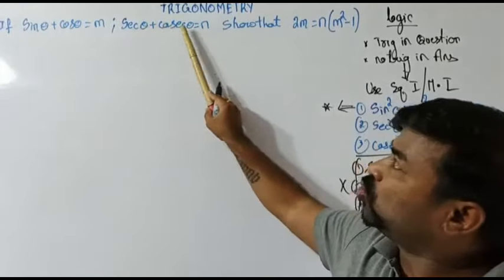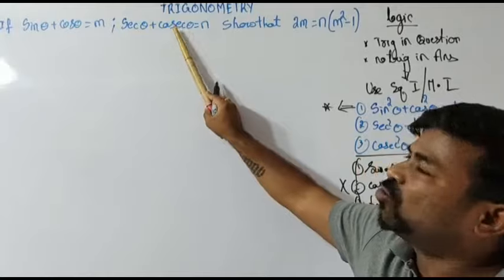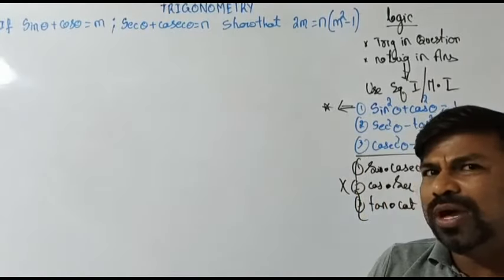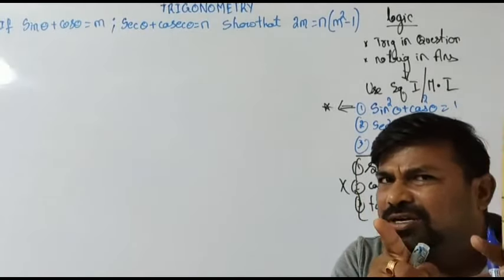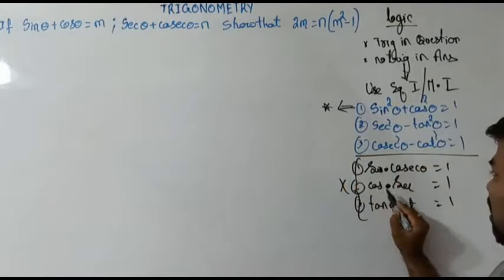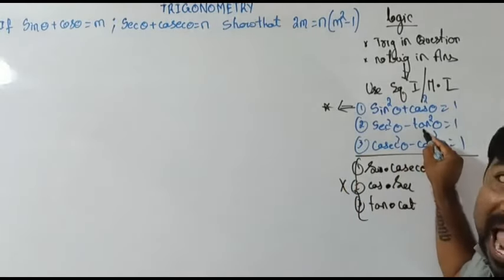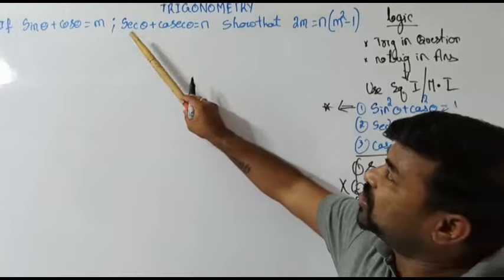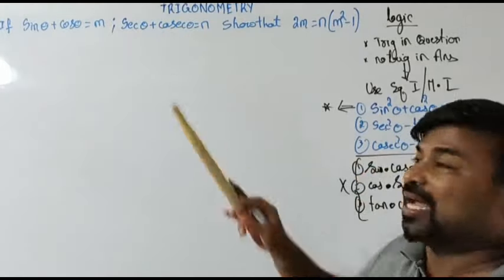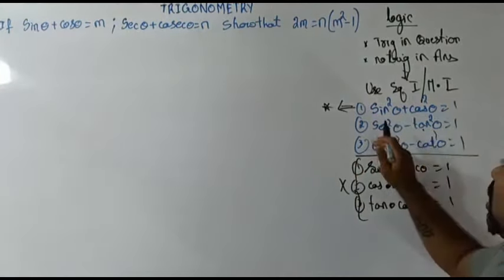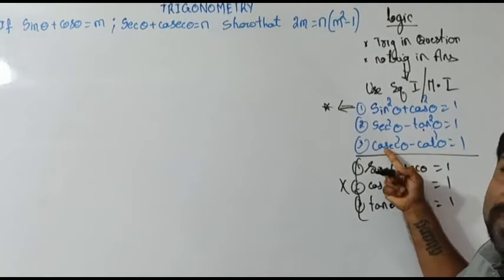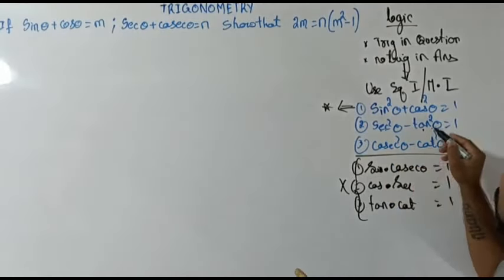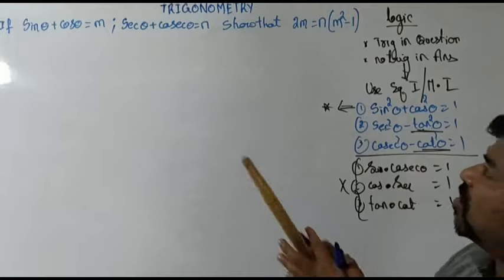But why can't we choose the other ones? We have secant and cosecant. Do we have any square identity dealing with secant and cosecant? Secant is dealt with tan, but here the combination is secant and cosecant. Secant goes with tan, and cosecant goes with cot. We don't have tan and cot here.